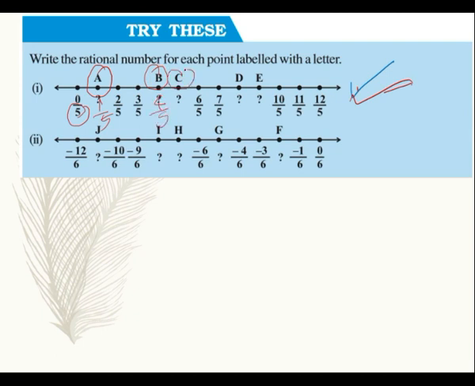What does this C point represent? 5 by 5, which is 1. Who represents 2 here? 10 by 5 represents 2. And it is moving in the positive direction. What does D represent? D represents 8 by 5 and E represents 9 by 5.